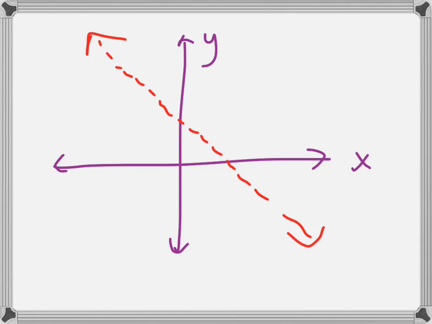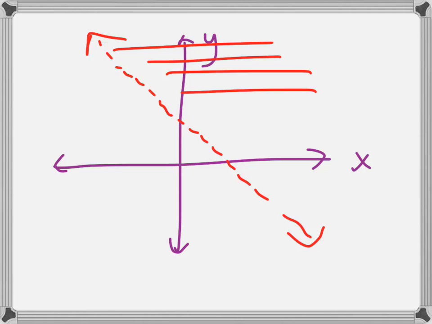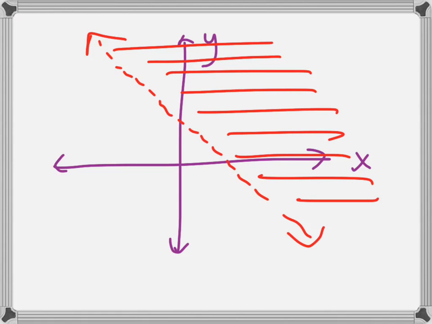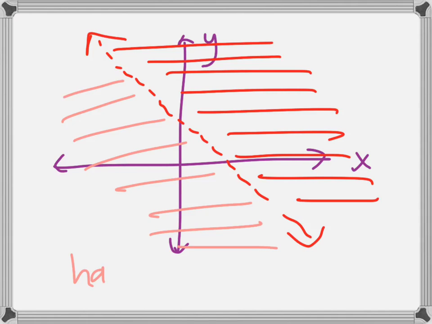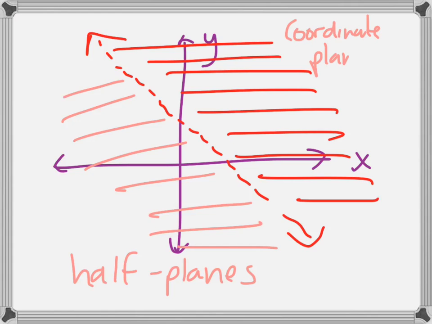But they're going to have these two parts, this part right here, and the other part right here. And these parts are called half planes, because the whole two-dimensional system is called a coordinate plane. A plane is a two-dimensional object.